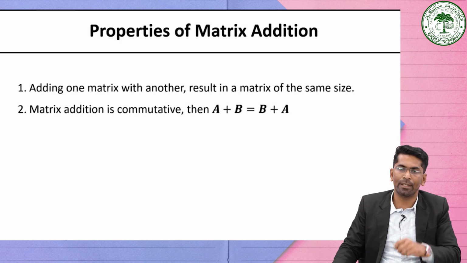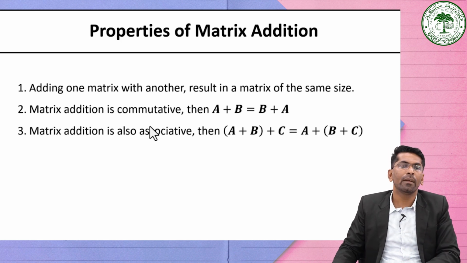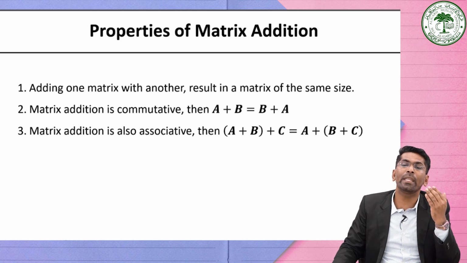Another property, matrix addition is also associative, which means that the way in which you group the addition of three matrices does not affect the result.